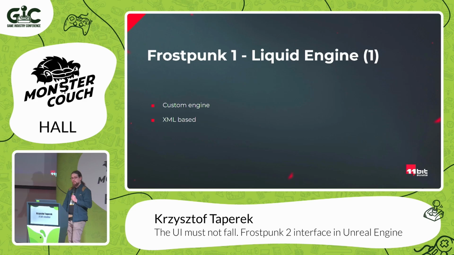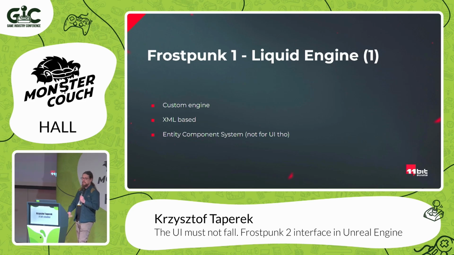So on our custom engine, everything was XML based, mostly data driven, so it was possible to merge stuff there. And of course, it wasn't that easy, but it was possible to edit everything manually from the text editor. And everything was based on entity component system.